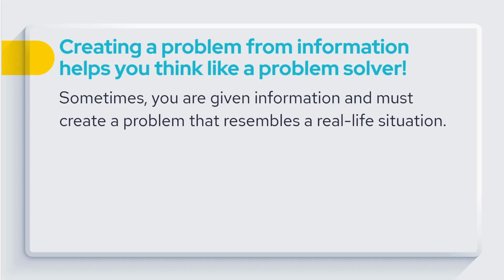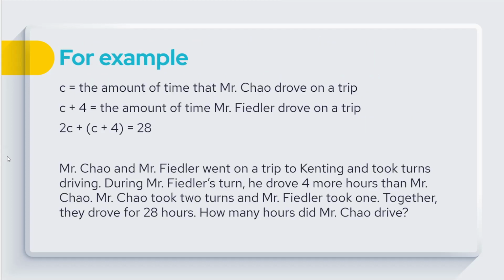Creating a problem from information helps you think like a problem solver. Sometimes having practice going in the opposite direction will help you do the skill that is the actual skill that you're using. So let's take a look at an example of that.